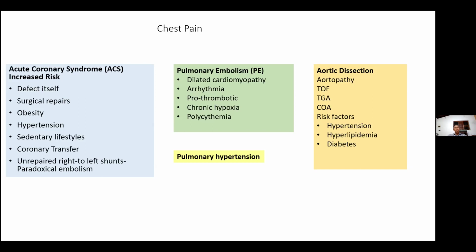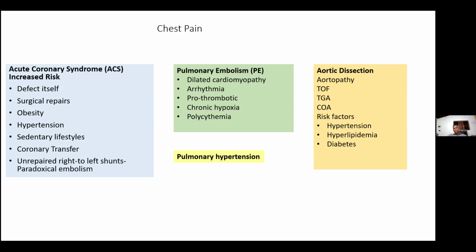If you can remember tetralogy of Fallot, before operation, the aorta is overriding, so it is taking blood from the right ventricle and left ventricle. So the flow through the aorta is comparatively higher than the pulmonary artery. The more blood going through the aorta, the more chance of it getting dilated. And they have some intrinsic disease also for a dilated aorta.